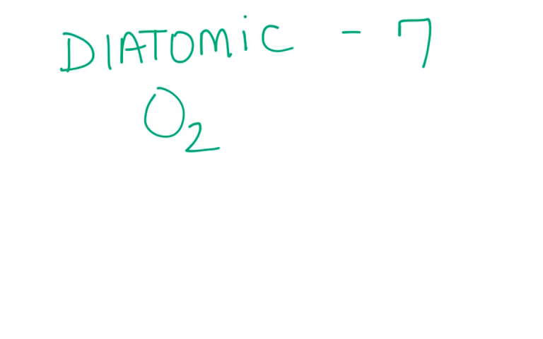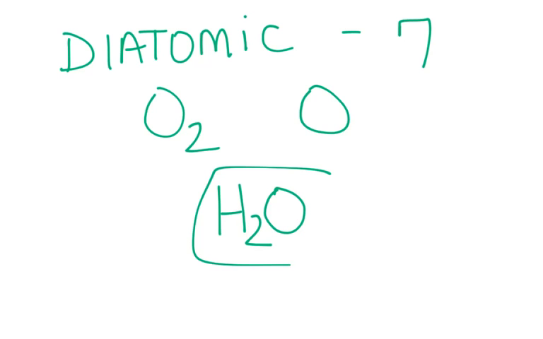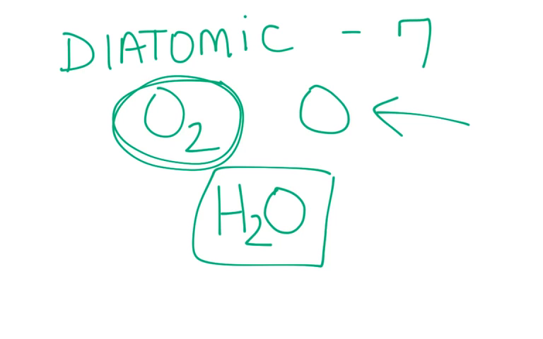For example, oxygen. You guys know oxygen is O2. You are never going to see O by itself. Now, you can have oxygen bound to something else, like in H2O, but it's not by itself. If it's not bound to something else, it will be O2.